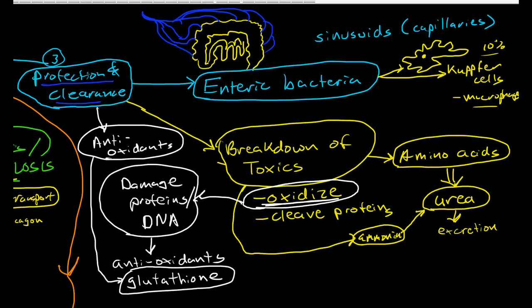So if the liver loses its ability to produce glutathione, or its glutathione stores are worn down too much because of too much oxidation, then the body is open to damage from oxidative stress. And actually, this is the major pathophysiology of acetaminophen overdose.